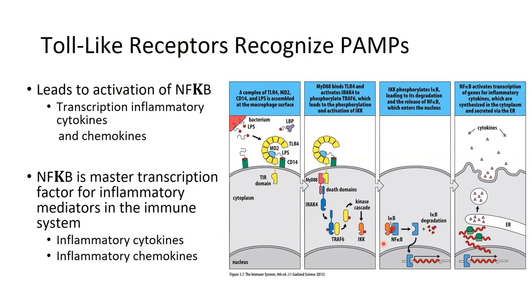NF-kappa B, the transcription factor, in the absence of infection, is sequestered in the cytoplasm by its accessory inhibitory unit, I-kappa B. In the presence of signaling, I-kappa B is degraded and therefore releases NF-kappa B. Now NF-kappa B is free to go into the nucleus. Once it's in the nucleus, it can bind to its target genes and activate transcription. It is the master transcription factor for a variety of pro-inflammatory genes.